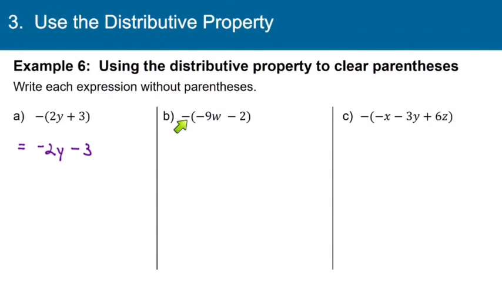On part B, negative parentheses -9w minus 2 becomes positive 9w plus 2. And on part C, negative parentheses -x minus 3y plus 6z becomes positive x plus 3y minus 6z. And so you see that distributing a negative really just has the effect of changing all the signs.